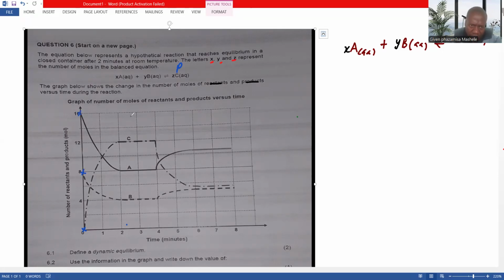After some time, between 2 minutes and 4 minutes, this shows that the reaction was in an equilibrium state. The forward and the reverse are now equal.